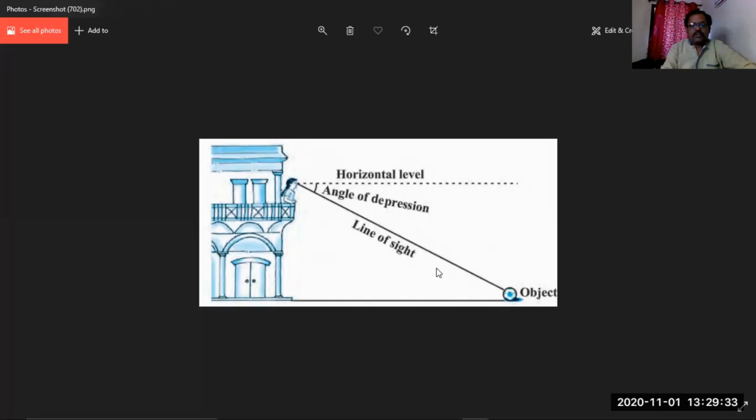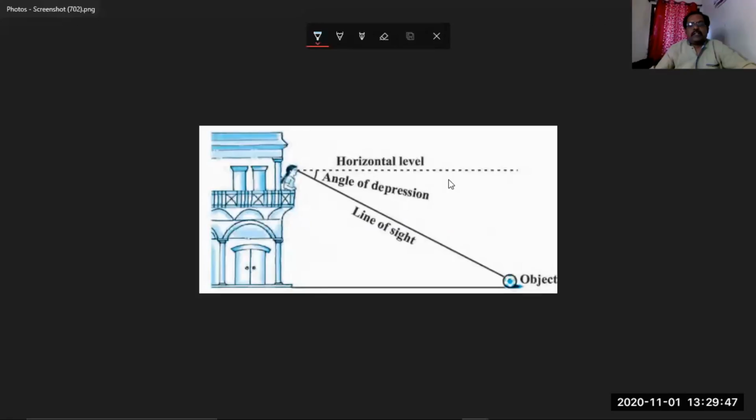When a person looks downward, the angle made by that line of sight with the horizontal level or the eye level is called the angle of depression. Here is an observer.